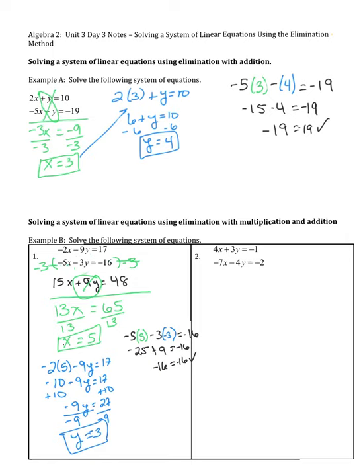So at this point, you choose. Do you want to make the x's match and eliminate them, or do you want to make the y's match and eliminate them? It's your choice. I'm going to go for the x's. I've got a 4x and a negative 7x.